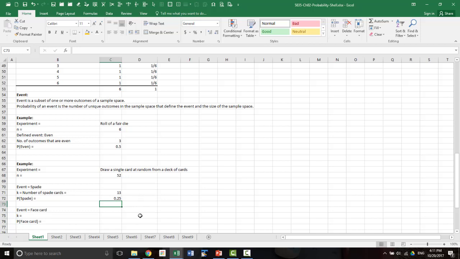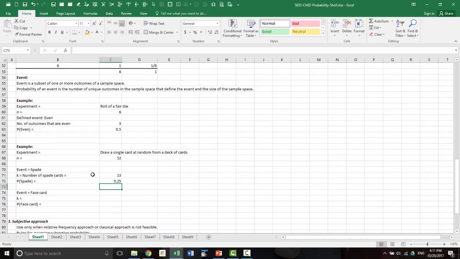Okay. Now, the same experiment: draw a single card from a deck of cards. Then suppose we define the event as a face card. Okay, how many face cards are there? In each suit there are 3 face cards. There are 4 suits. There are 12 of them in total. So k is 12.